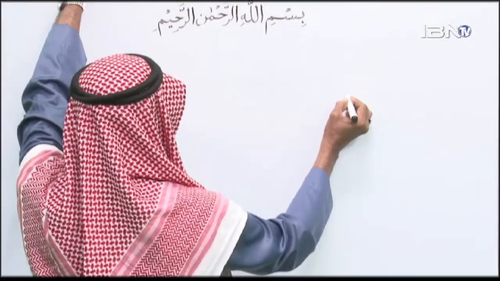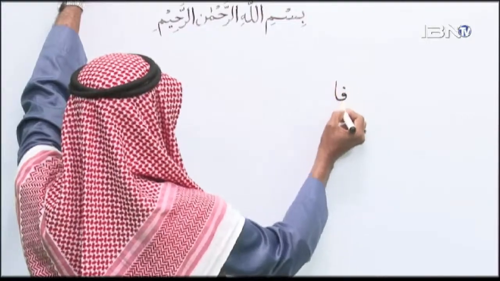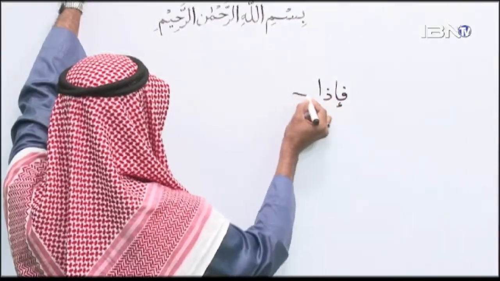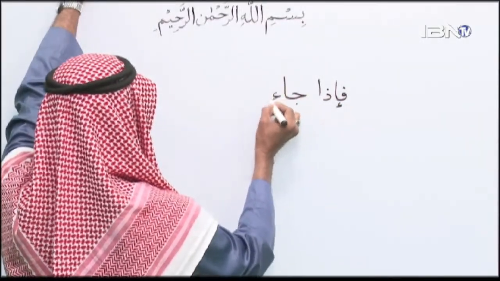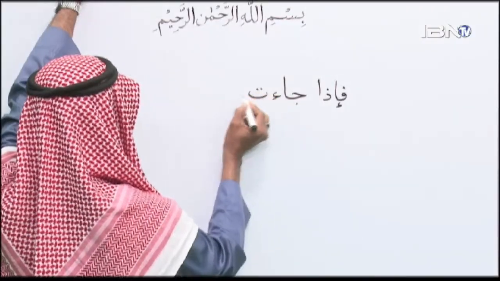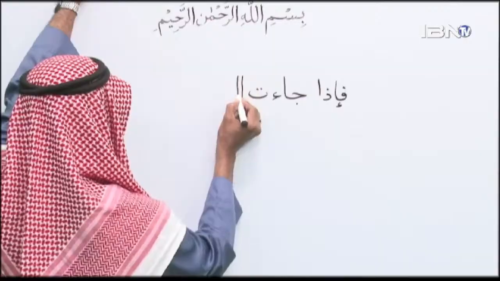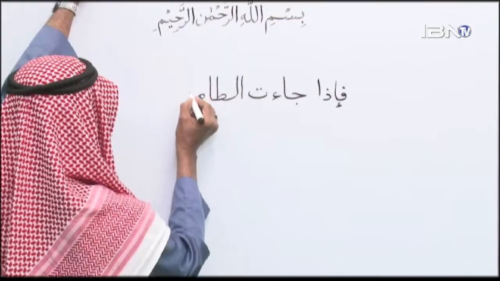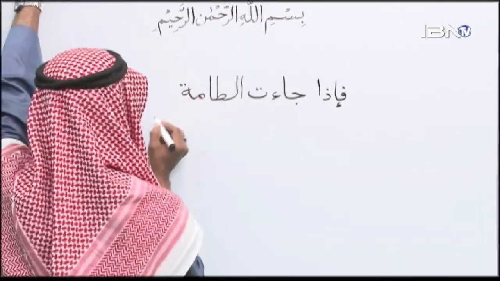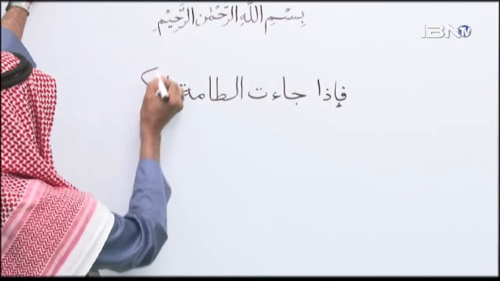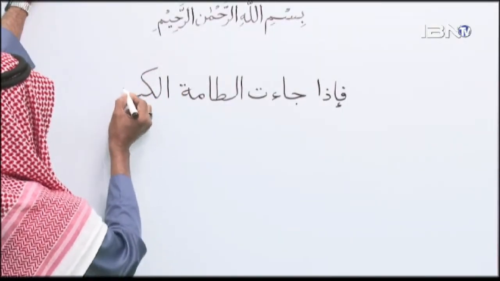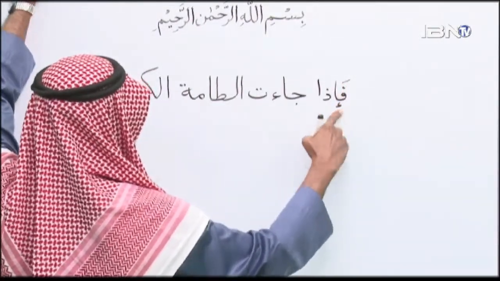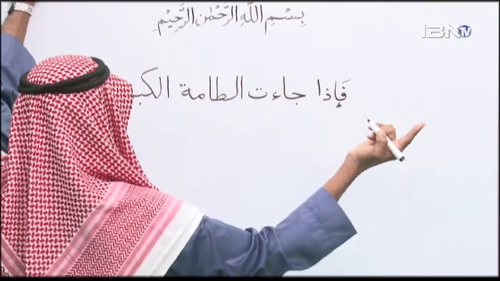We have, see if we could make out the letters in the meanwhile. All right. If there is a hamza below, it means it's a kasra.